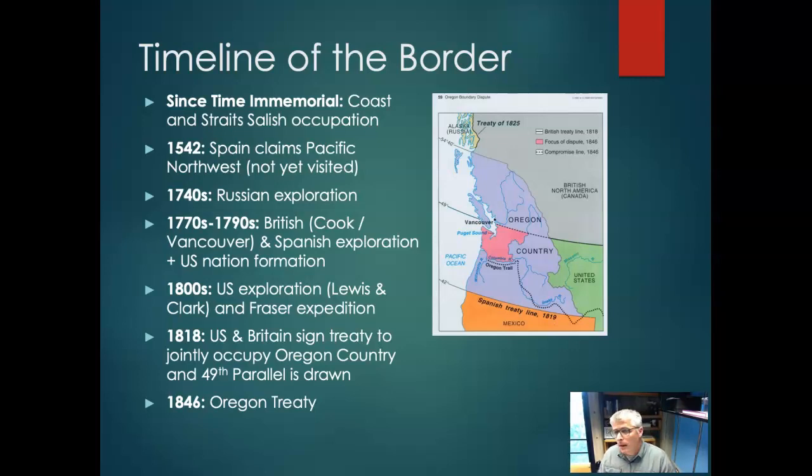And then moving into the more Christianity-based calendar, in 1542, Spain claims the Pacific Northwest, although they've yet to visit it. There is some, and then we jump to 1740 with Russian exploration.